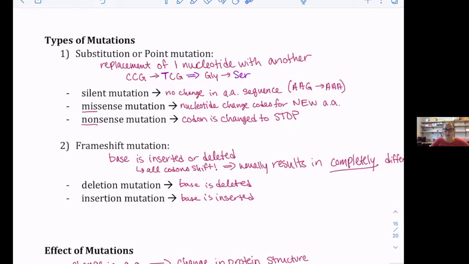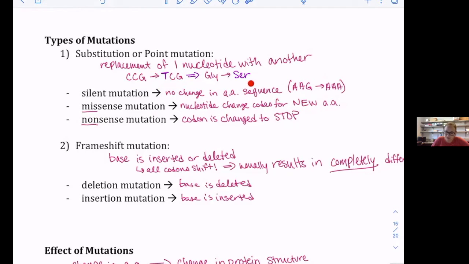If it's a silent mutation, then there's no change in amino acid sequence. There are multiple codons for the same amino acid in some cases, so there could be a mutation that doesn't cause anything to change. There could be a missense mutation, meaning a nucleotide changes and codes for a new amino acid.